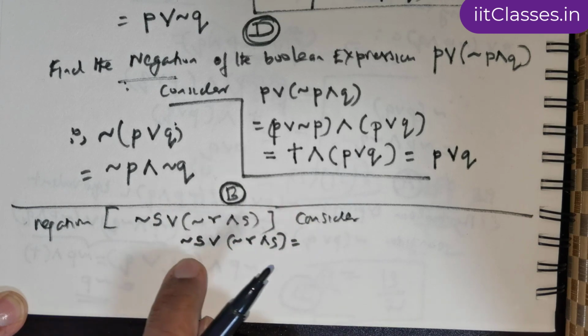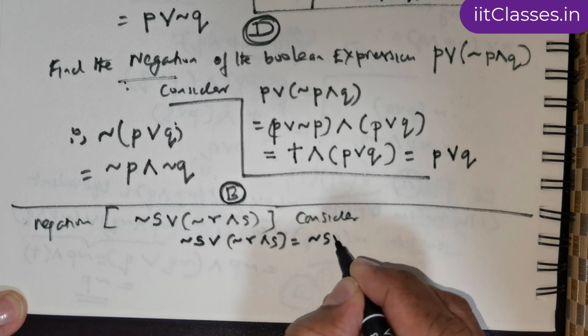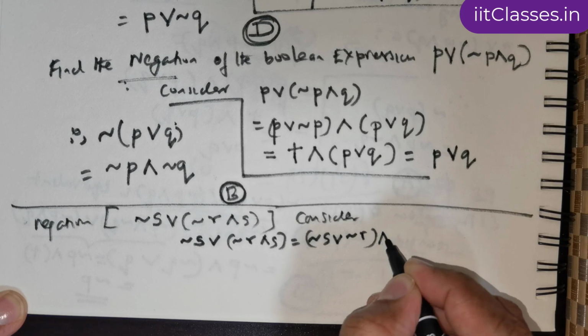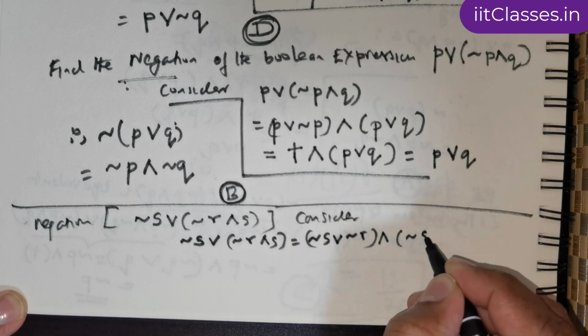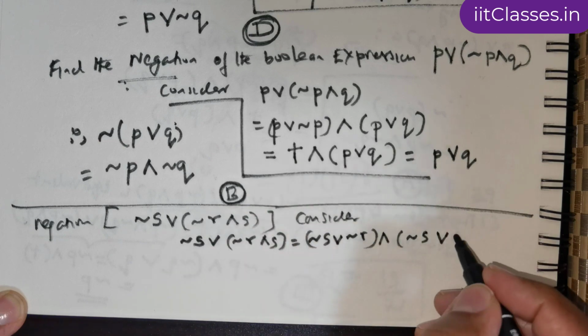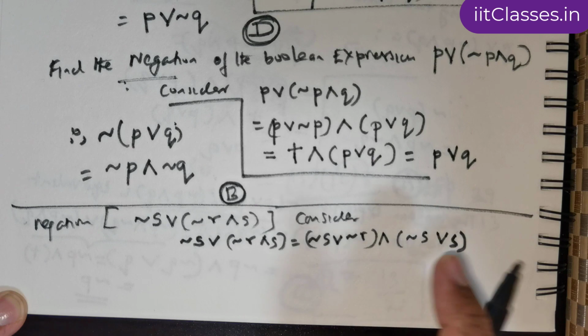Now I'm going to distribute negation of S throughout, so that would give me negation of S, disjunction negation of R, conjunction negation of S, disjunction S. And this is the universal set. This is a tautology.